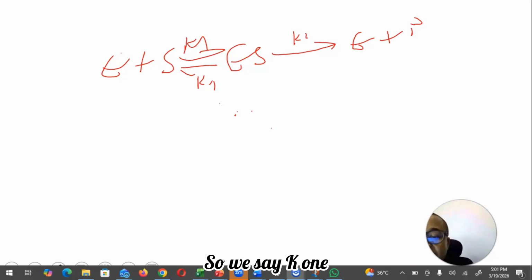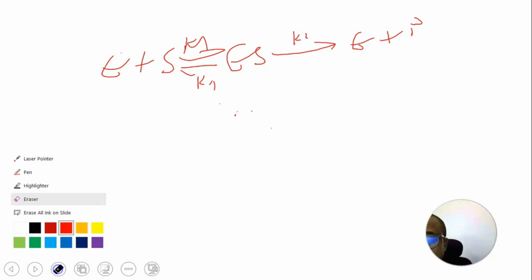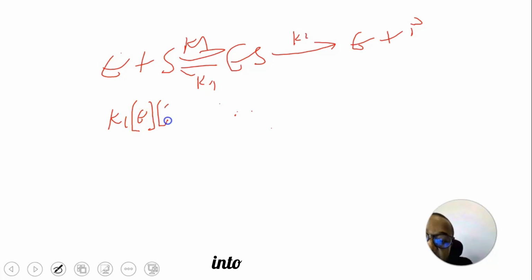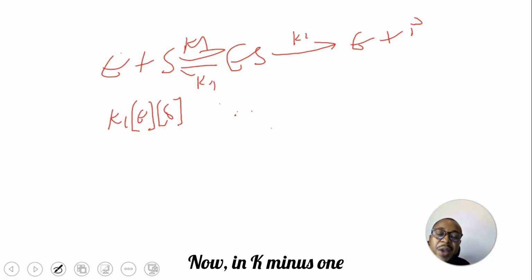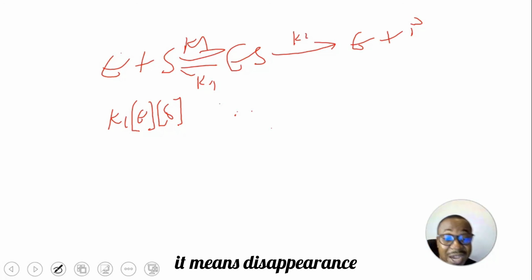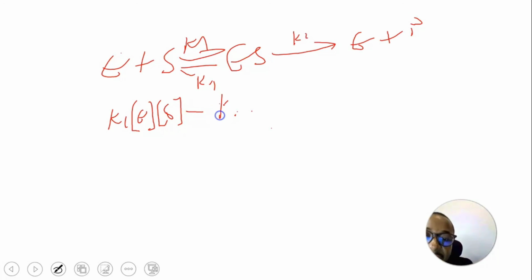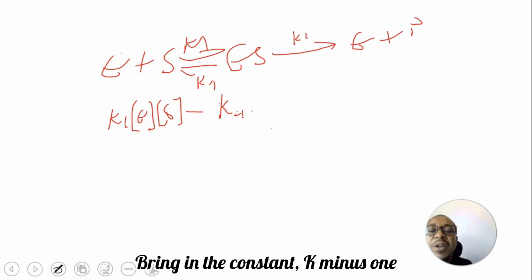So we say K1 times the concentration of E times the concentration of S. Now, in K minus 1, ES is consumed. When we say consumption, it means disappearance, so we use a negative sign, minus, bringing the constant K minus 1.